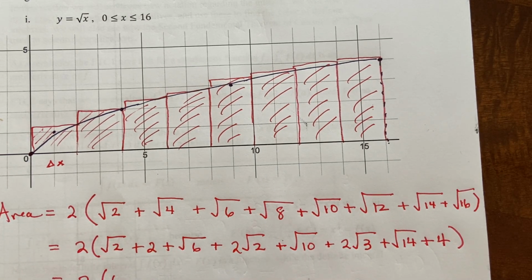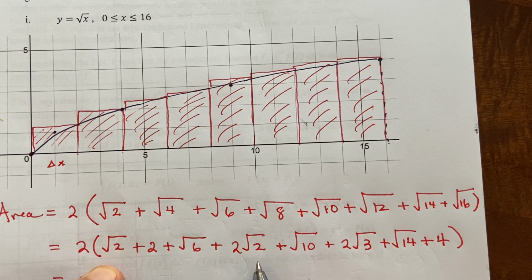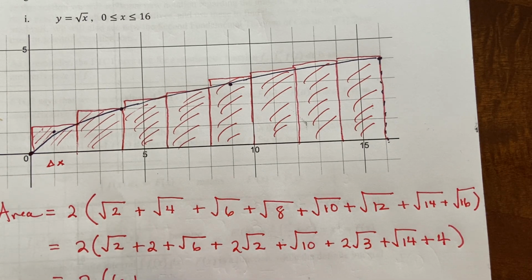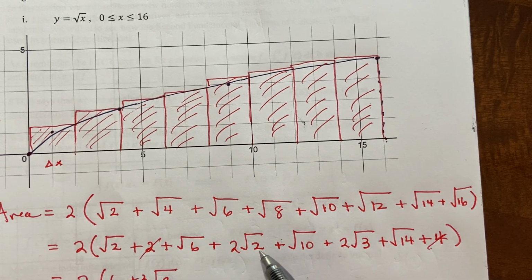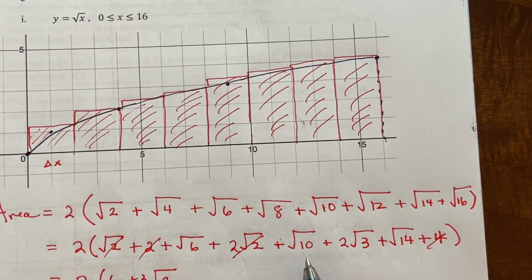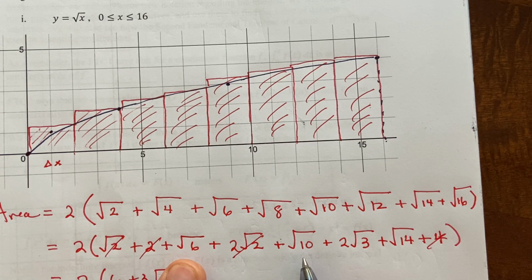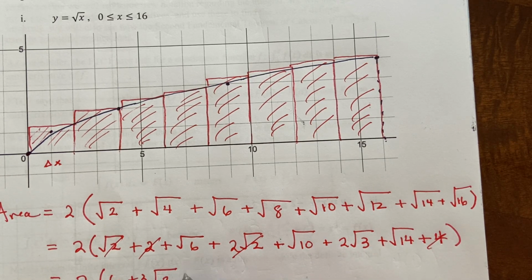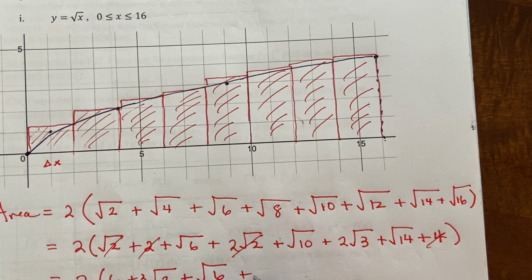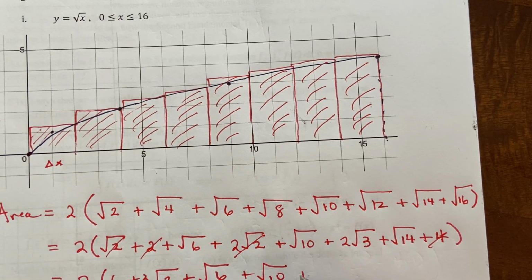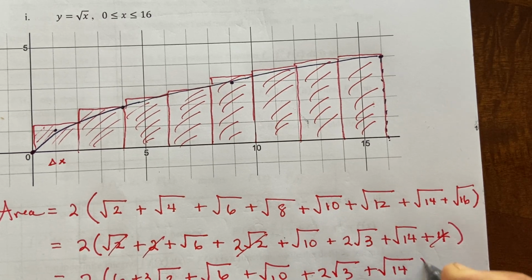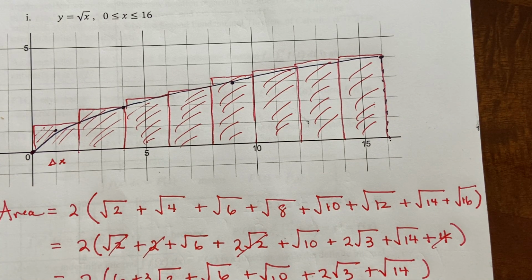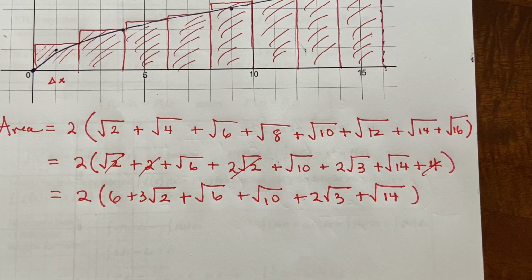So I'll say 6. Root 2 plus 2 root 2, that's 3 root 2. So these are gone. These are gone. And then just this stuff. So plus root 6 plus root 10 plus 2 root 3 plus root 14. Okay, so here would be our estimate.